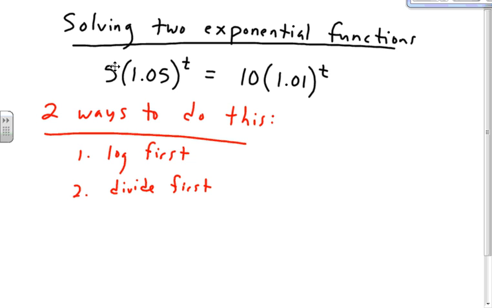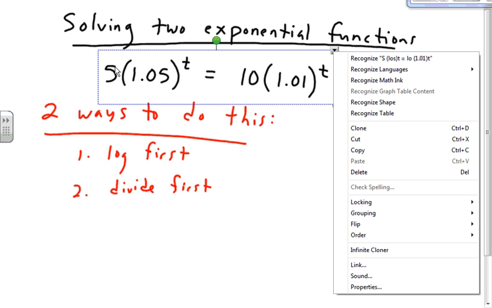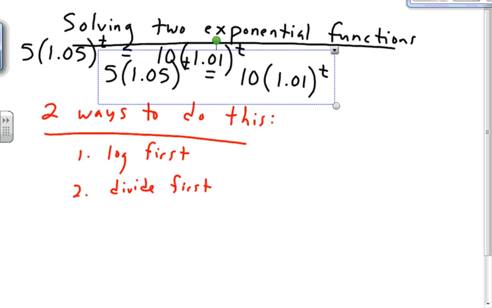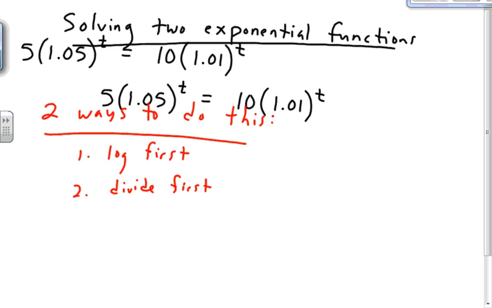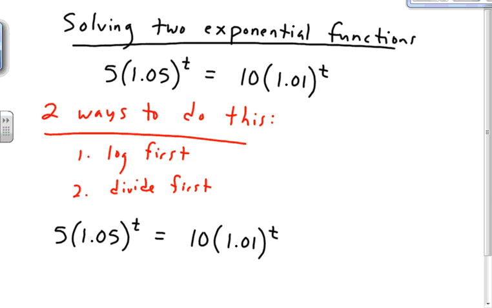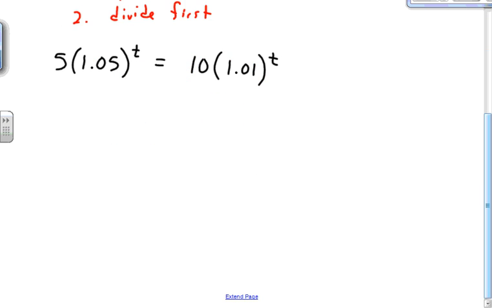Let's take a look at number 1, where we take the log of both sides first. So the first thing we're going to do here, as the name implies, is take the log of both sides.